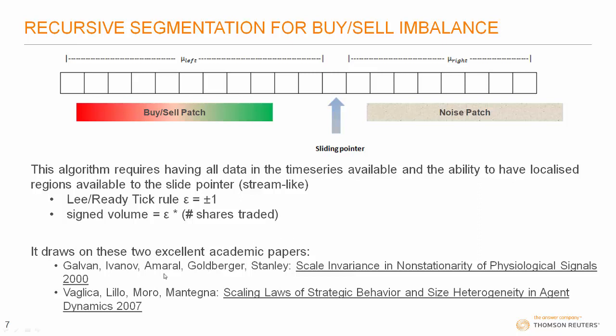And the second paper that uses this algorithm comes from an application more closely related to what we're doing here, looking at size scaling laws of large agents in the market.